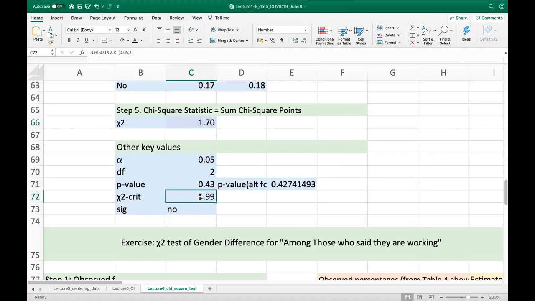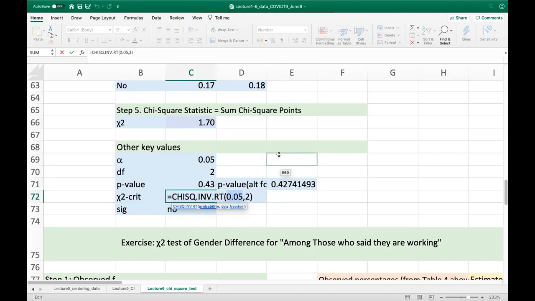Another function here is called CHISQ.INV.RT. It takes two arguments. The first one is alpha, the significance level. The second is the degrees of freedom, and this gives you the critical chi-square value required for a significant result.